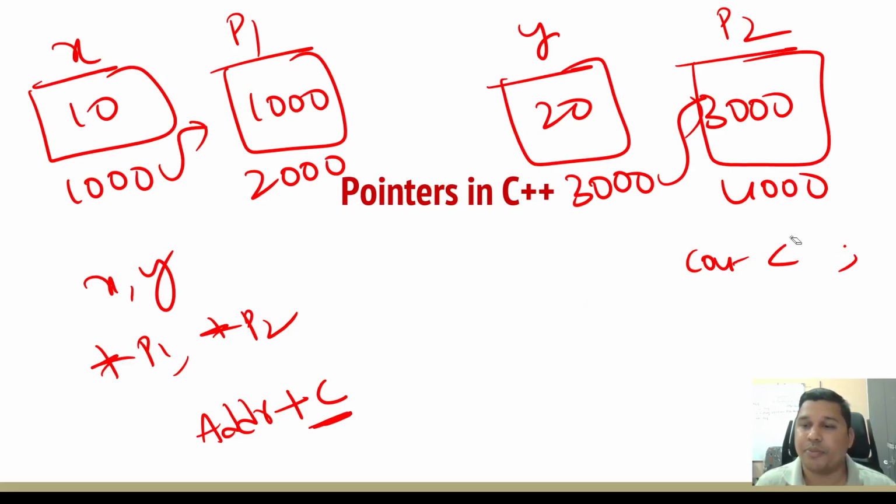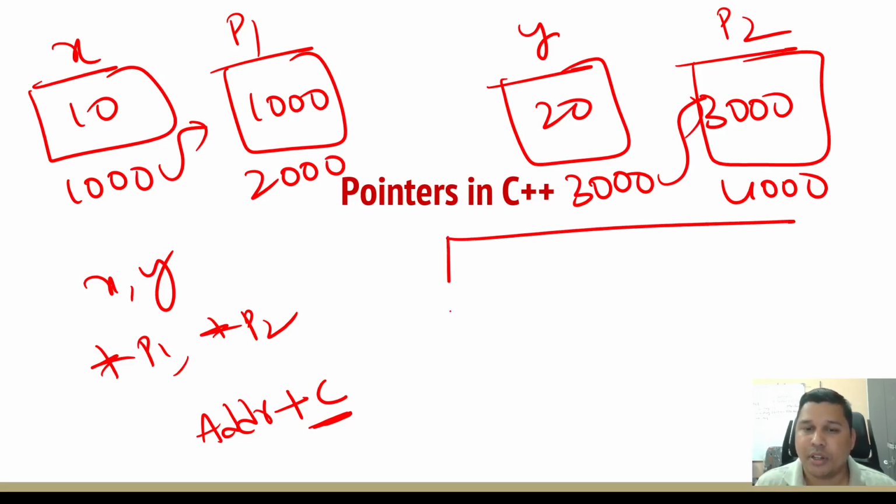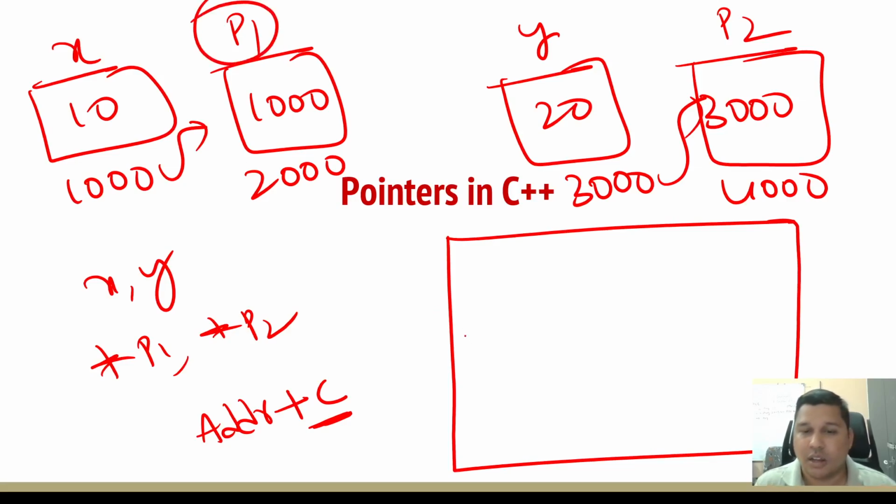See, this is the RAM of your system. This p1 was stored somewhere here. Just for easy understanding, I'm drawing this. So I'm having p1 here, storing address 1000. X is somewhere here.